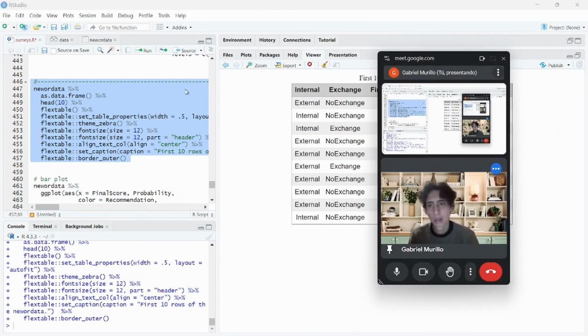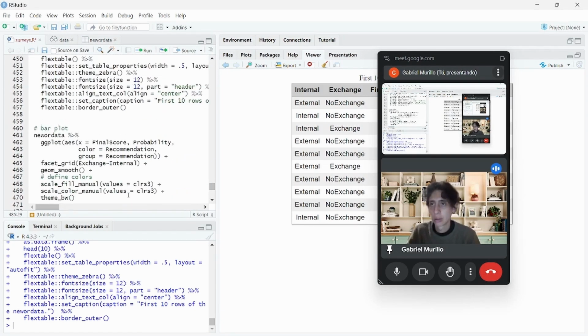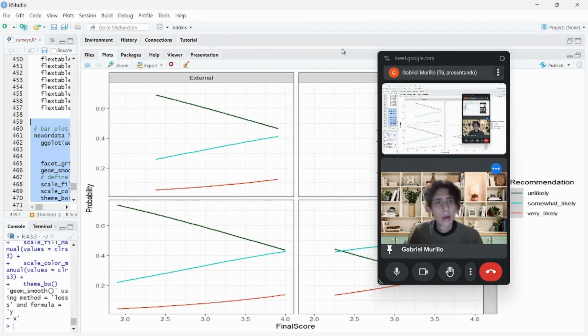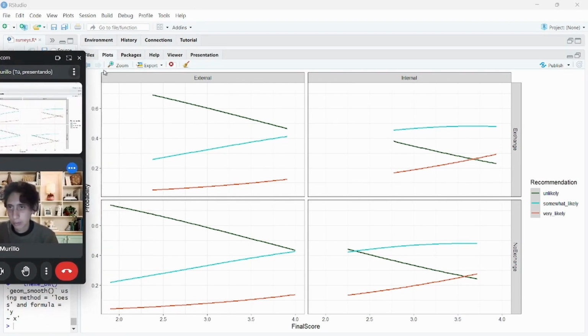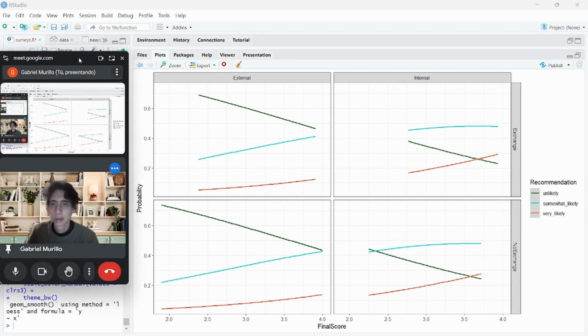Finally, we are going to plot this data in a more explanatory and graphic way in order to analyze what is happening. We can see that in this part we have the final score on the x-axis and the probability on the y-axis.